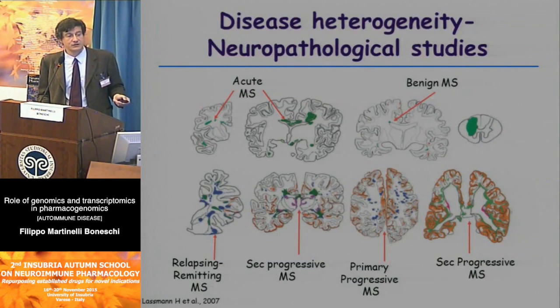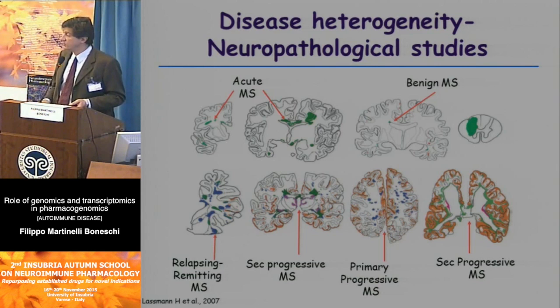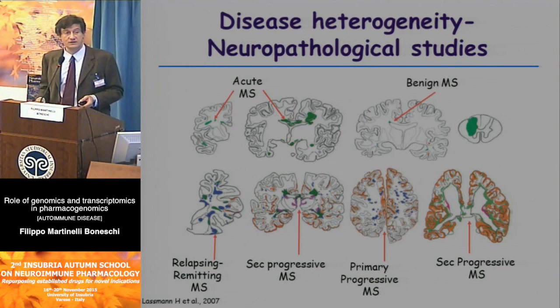The demyelinated lesions are also present in the cortex and in the deep gray matter. And you can see that each patient is different from the other, which makes the issue of pharmacogenomics more difficult, because probably each patient has an individual story of the disease, and also an individual history of response to treatment.